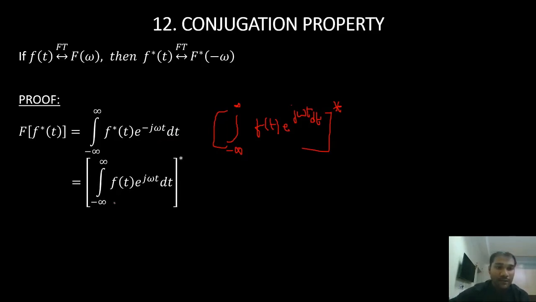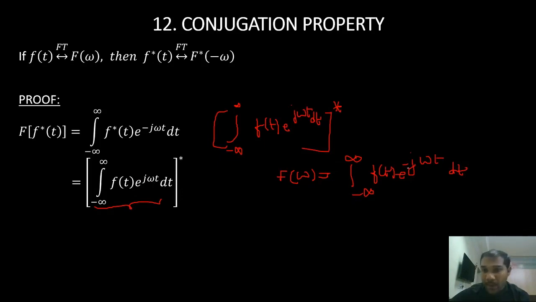So what is this again? This is in the form of f of omega. What is f of omega? F of omega is equal to the integral from minus infinity to plus infinity of f of t e power minus j omega t dt, right? Here we have e power plus j omega t dt. So what can I write? I can just rearrange this like this, right?